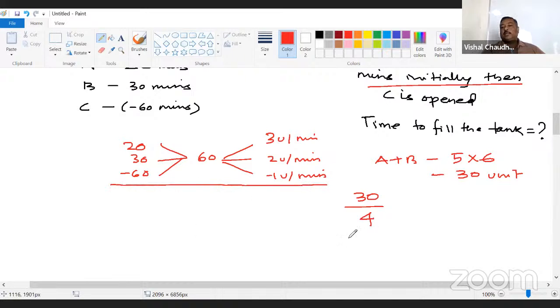Isn't it? तो ये 4 कितना लगेगा? ये लगेगा 7.5 मिनट्स.